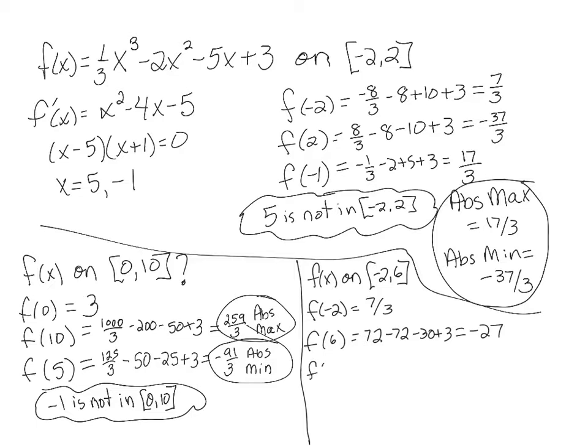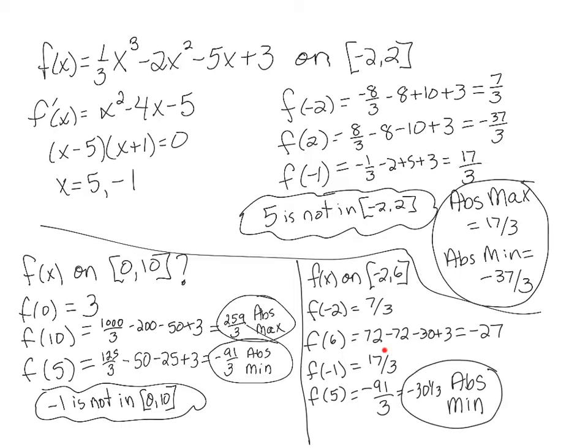Now both of these critical values are found between our endpoints. So we have to plug in the minus 1, which we did right here, and the 5, which we did right here, minus 91 over 3. The absolute minimum, by the way, 91 divided by 3 is 30-something. So this is the lowest value that we found. That's our absolute minimum. And this is the highest value that we found. That's our absolute maximum.